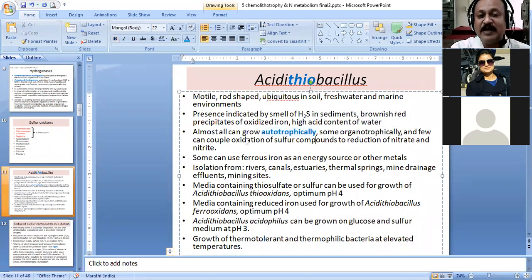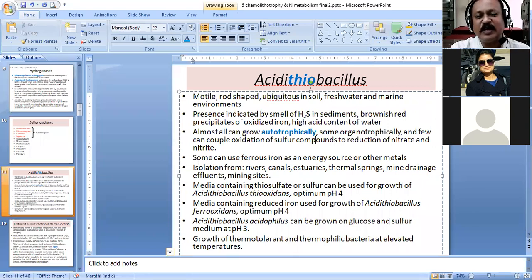Not only that, of course, these organisms are oxidizing sulfur in the presence of oxygen, but there are organisms which can carry out the oxidation of sulfur in the absence of oxygen. That is to say they can reduce the nitrates and nitrite compounds also. So in a way we can say that they are anaerobic organisms, right?